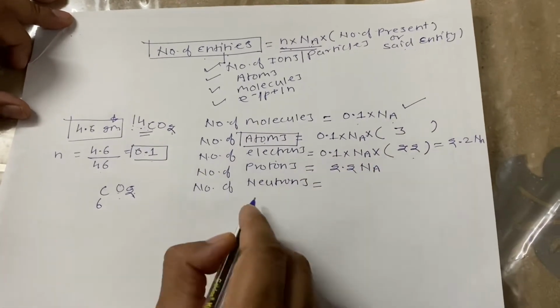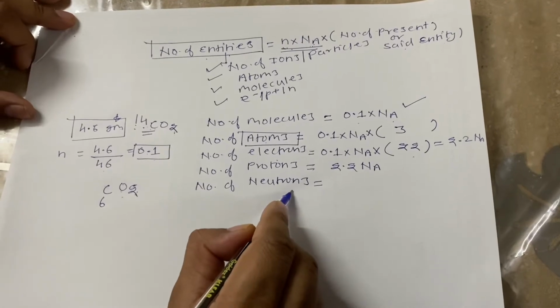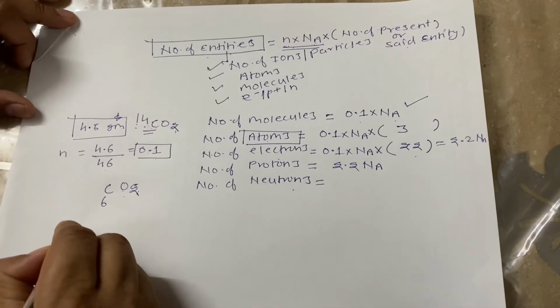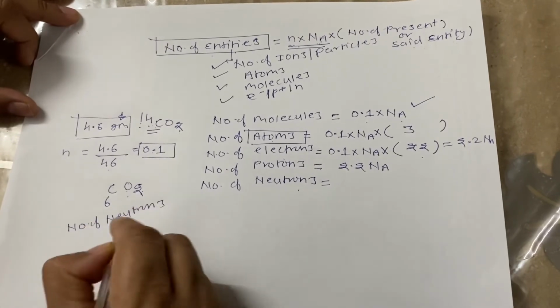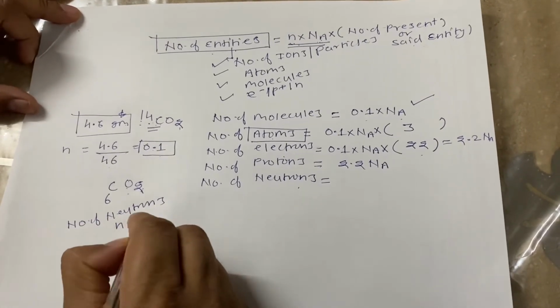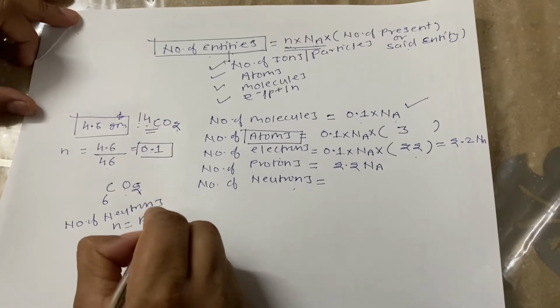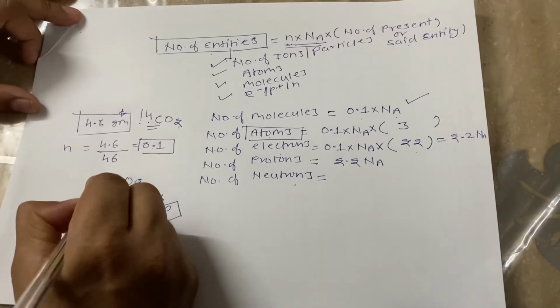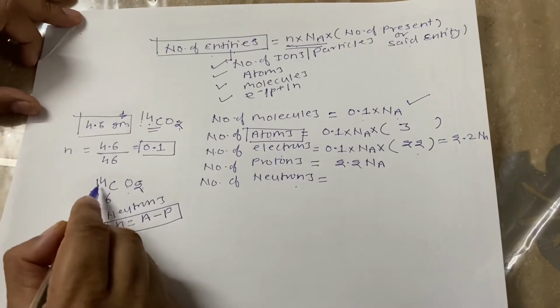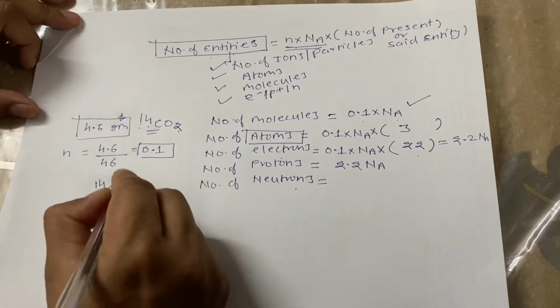Now the number of neutrons is to be calculated. We know that the number of neutrons n is equal to the atomic mass number minus the number of protons. So to calculate the number of neutrons in 14CO2, we will write the mass number, which is 14 for carbon and 16 for oxygen.